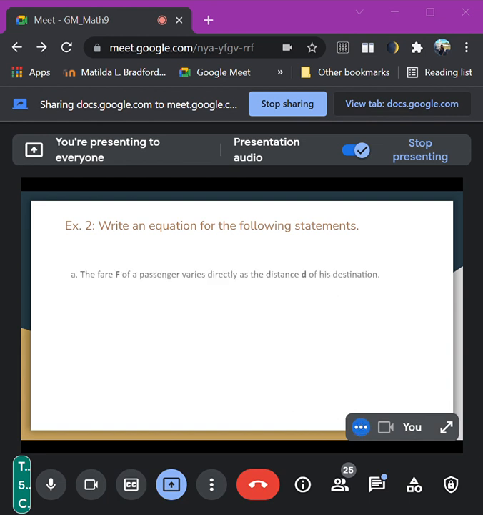So let's start with number 1. We have here: the fare F of a passenger varies directly as the distance D of his destination. So how are we going to write this one, class, into our direct variation equation?